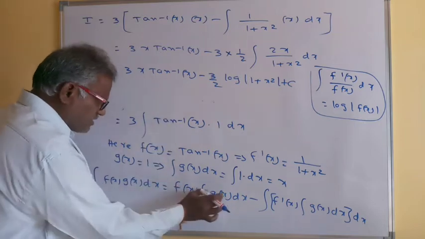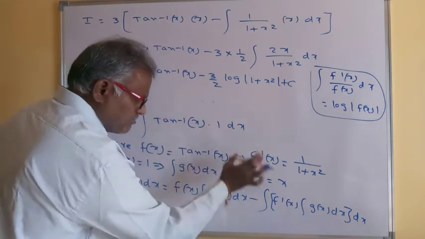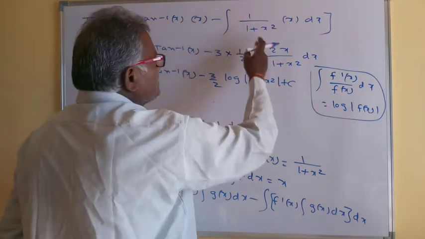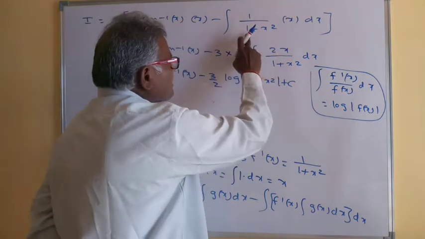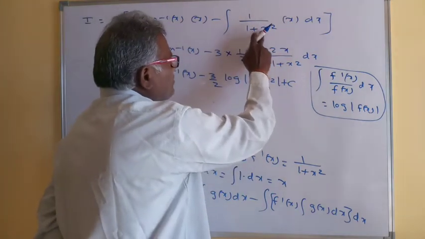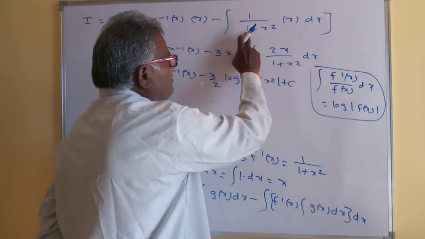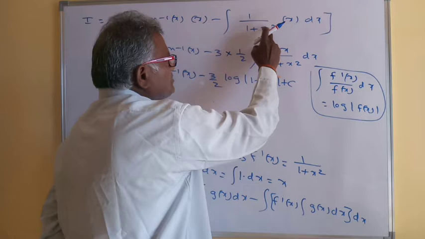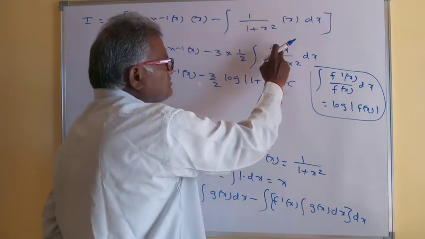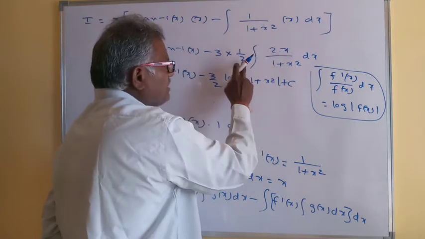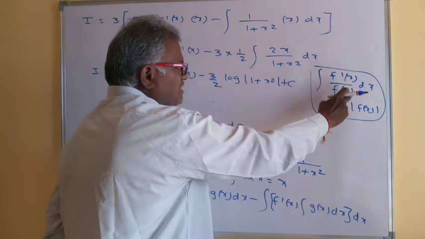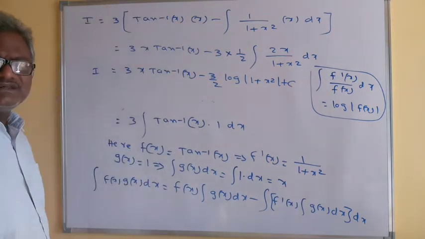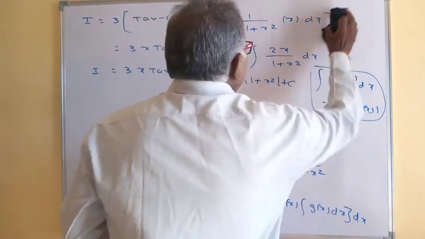Now according to this formula, you just have to substitute the values. Here the derivative of the denominator is 2x and only x is there, so we multiply by 2 and divide by 2.